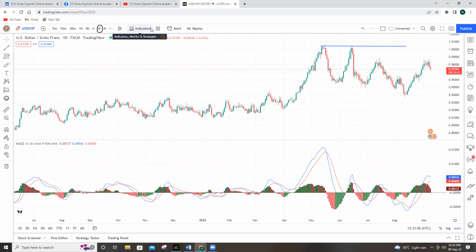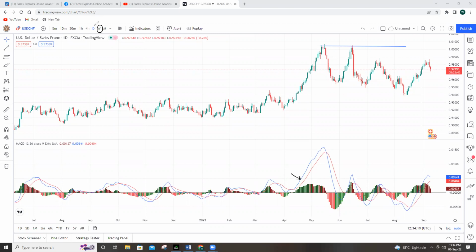Very, very important. So if the higher time frame MACD crosses above the signal line, I'm going to use this example here. Remember the MACD is the blue one in my case, and the signal line is the red one. I'm on the daily time frame.